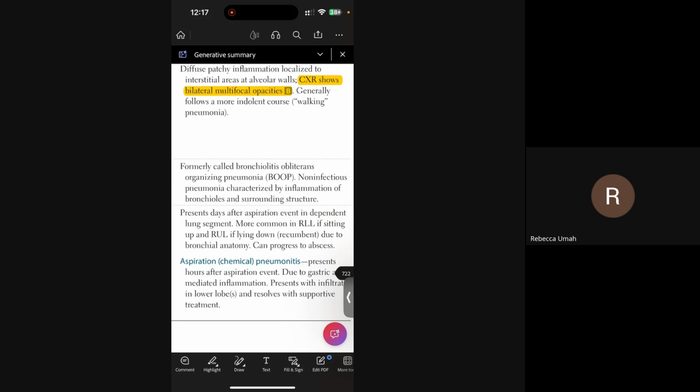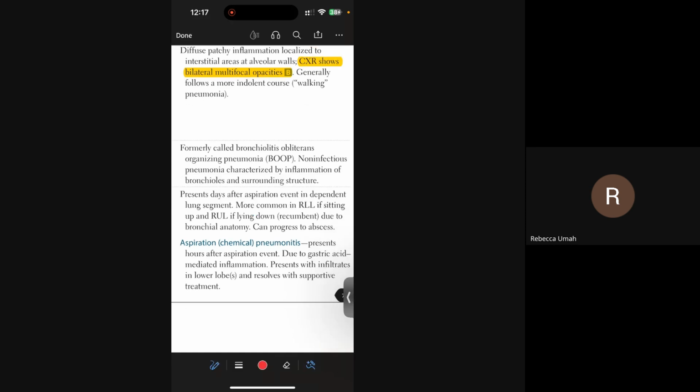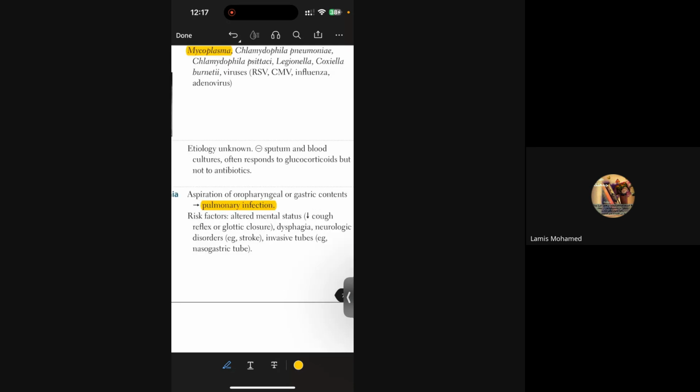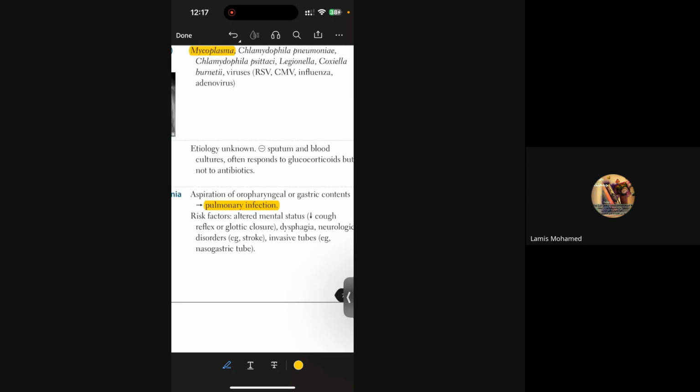More common in the right lower lobe if sitting up, and posterior if lying down, and right upper lobe if lying down, depending on the bronchial anatomy. It can progress to abscess as well. Risk factors: altered mental status, neurological disorders, dysphagia.